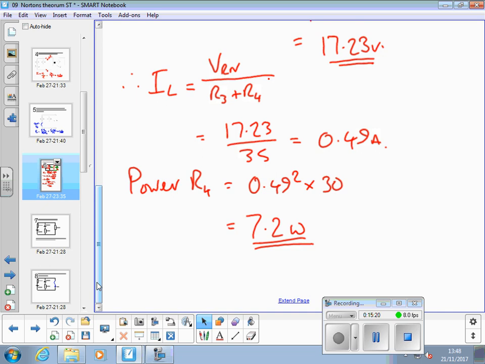There's a section on Norton's theorem in there. There's some other examples. What you need to do now is practice these techniques so that you can do them and understand that process. Because like I say, I'm testing you on your knowledge of the process as much as your ability to be able to do the maths. Alright? So I'm going to leave you to have a go at some of the questions I've given you now.